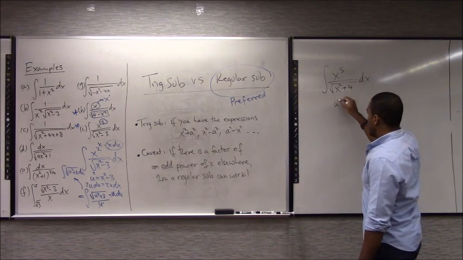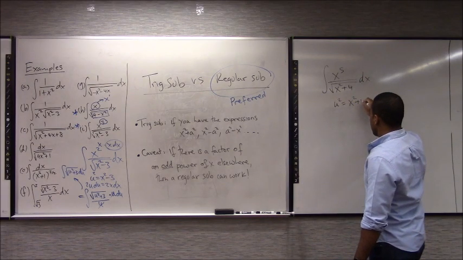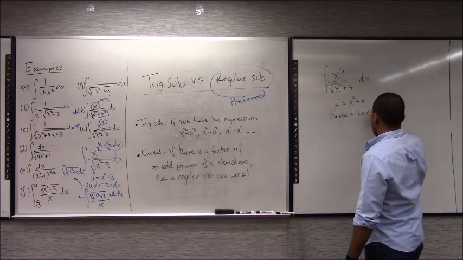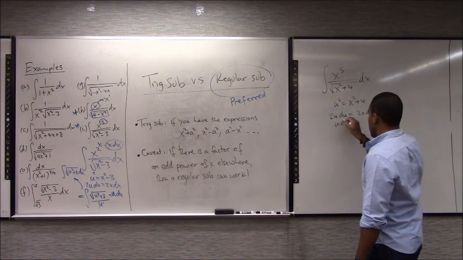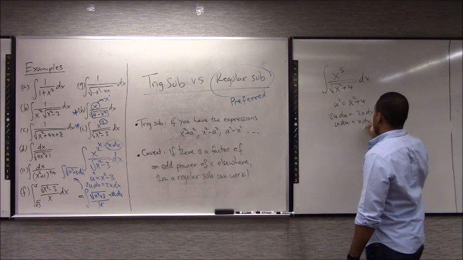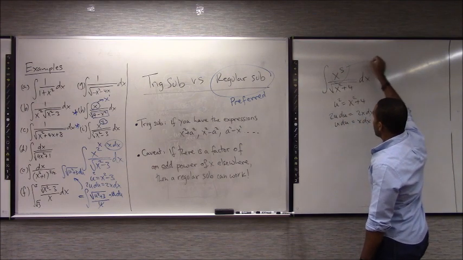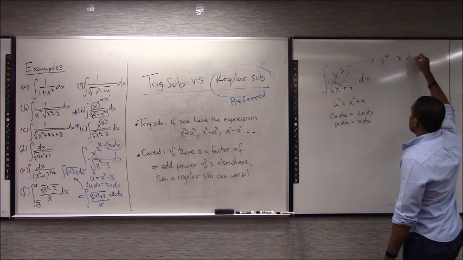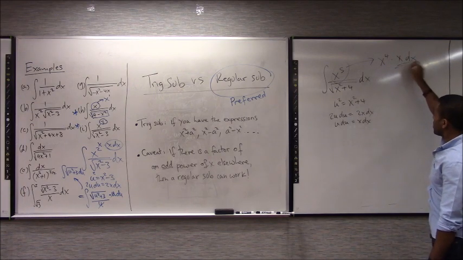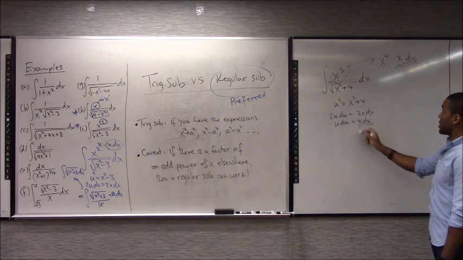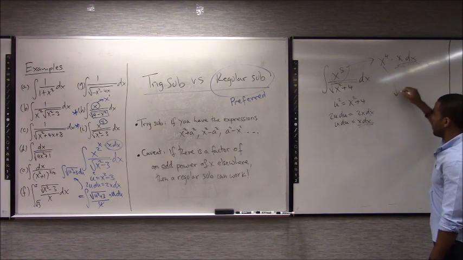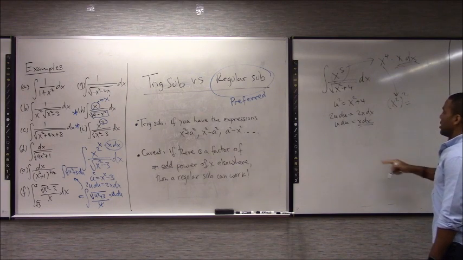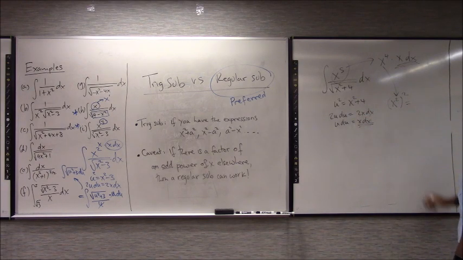So again, you could do your u squared equals x squared plus 4. Your 2u du would be equal to 2x dx, so u du is equal to x dx. This part, you would think of it as x to the 4th times x. So your substitution takes care of that. For the x to the 4th part, well, that's just x squared squared. You'd be able to use this equation to solve for x squared.